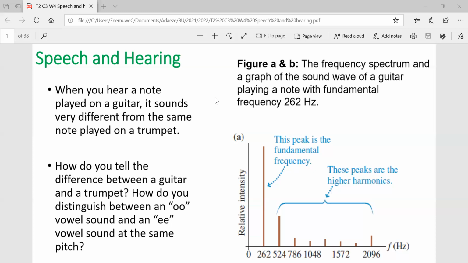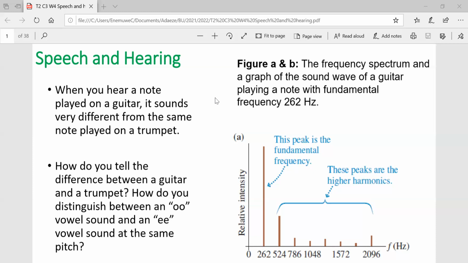And what we mean by wave model is that we'll be looking at fundamental principles of wave and how these principles apply across the board, to all kinds of waves. So when we say speech and hearing, we're just going to be looking at certain principles as well as applying from sound wave, and that applies to every other type of wave as well.